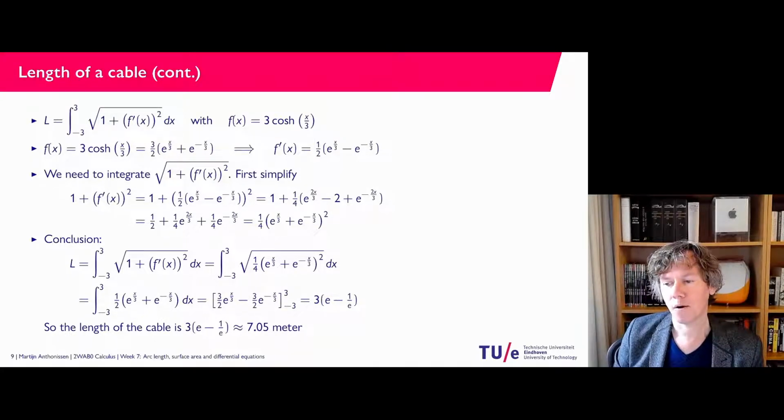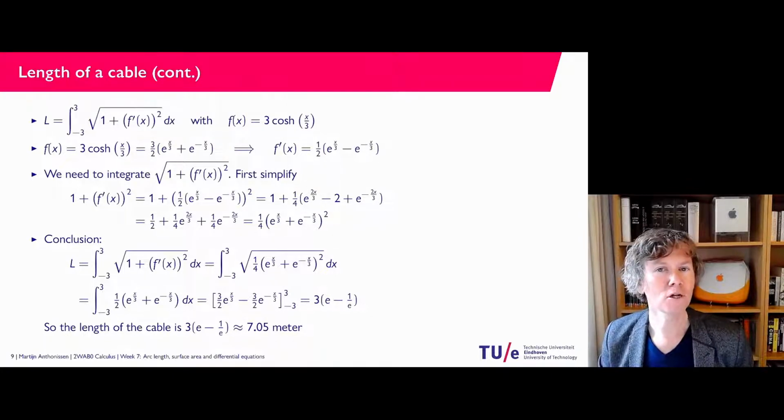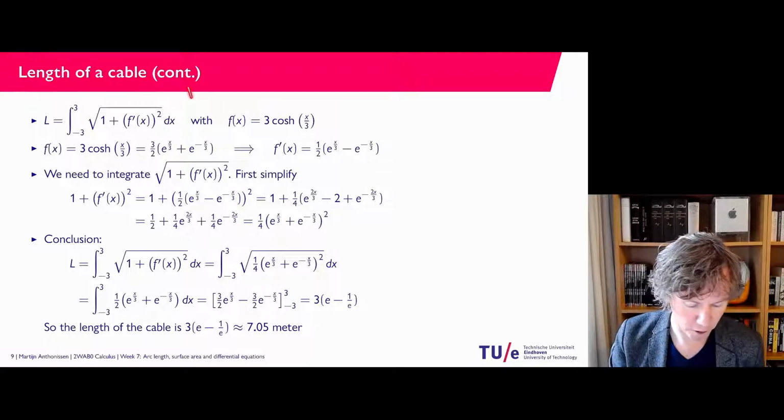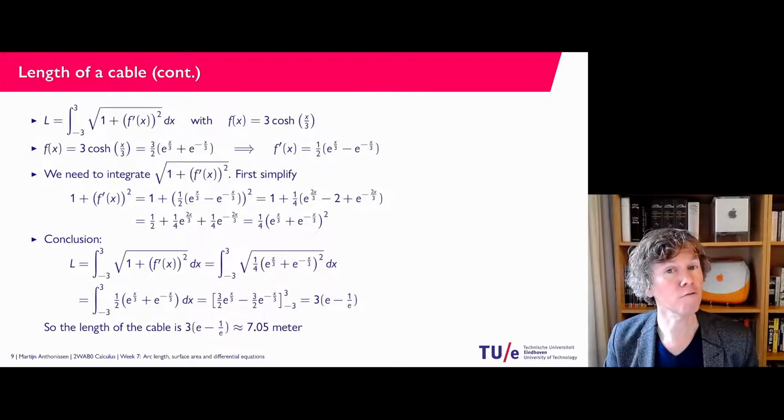Now, what I quite like about this example, and hopefully you appreciate that too, is that basically with the mathematics that we have seen in the past weeks, we could find a formula, this formula here, so the arc length formula, for the length of a cable or of a graph in general. We can do something similar for area.